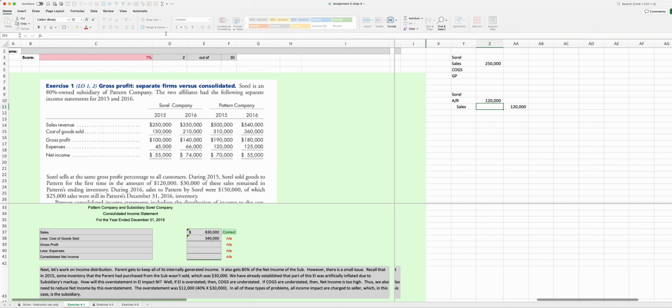What would they have recorded as cost of goods sold? They would have followed the same gross profit margins that they have with other items. So we can take a look at Sorel in 2015 and what they've been doing. They have sales of 250,000 and cost of goods sold of 150,000.